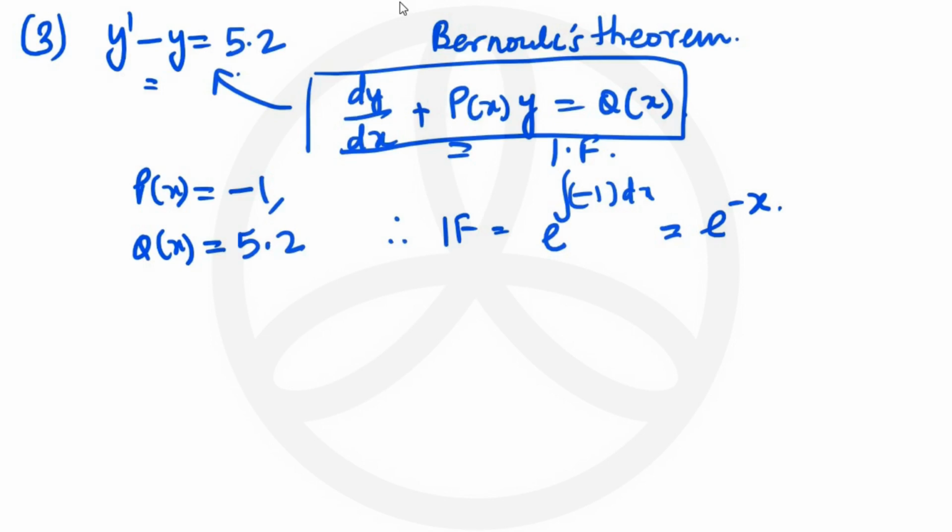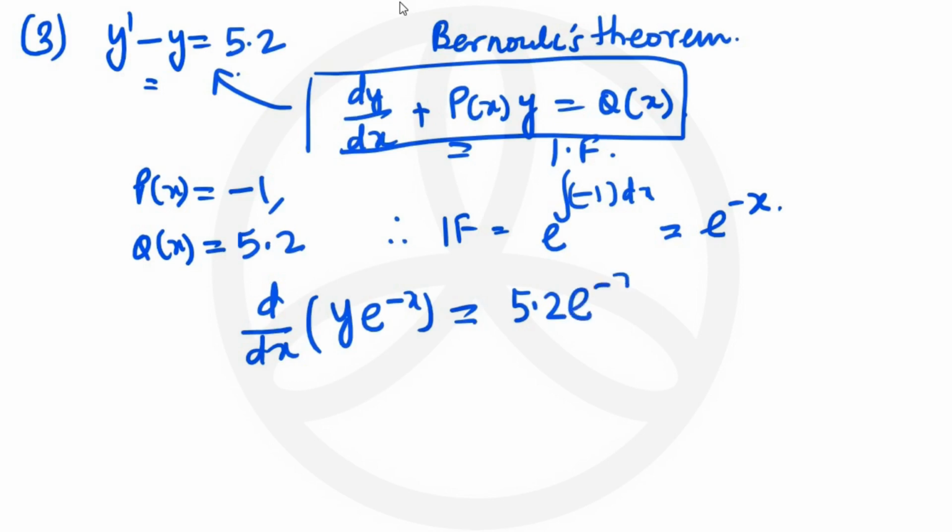So how is it used as per the rule? The integrating factor will be multiplied with y here, and we will write e to the power -x, and then it will be multiplied on the right side also, 5.2 e to the power -x.